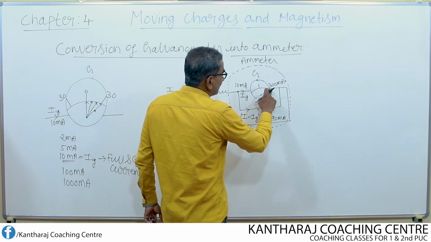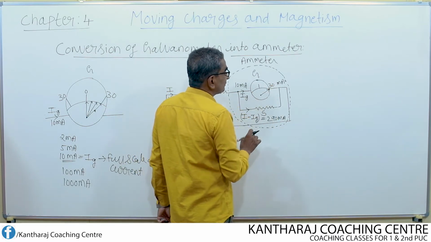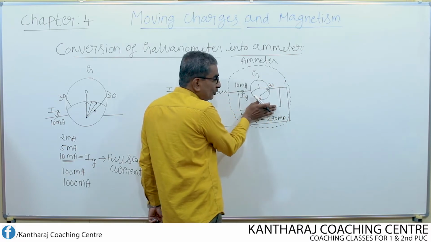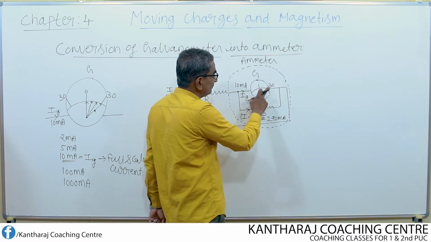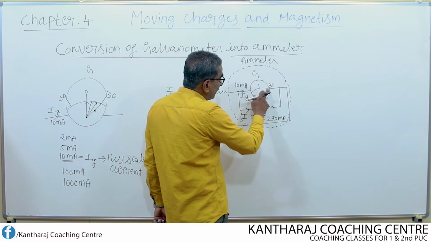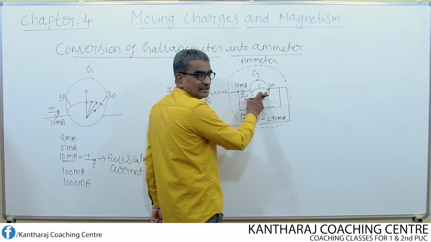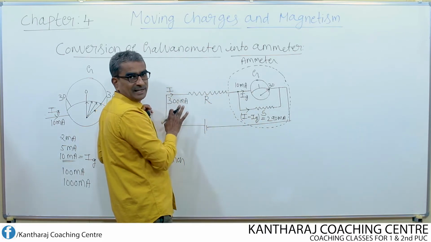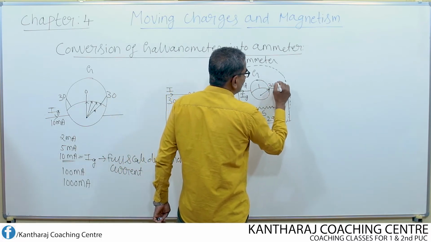So instead of marking this as 30 division, when can I mark this as 30 division? I can mark this as 30 division when there is no shunt, because that's the range of maximum deflection. But because of the shunt, the pointer is showing full scale deflection, meaning whatever deflection it is reading must be proportional to the main current. So that is why I mark this as equal to 300.